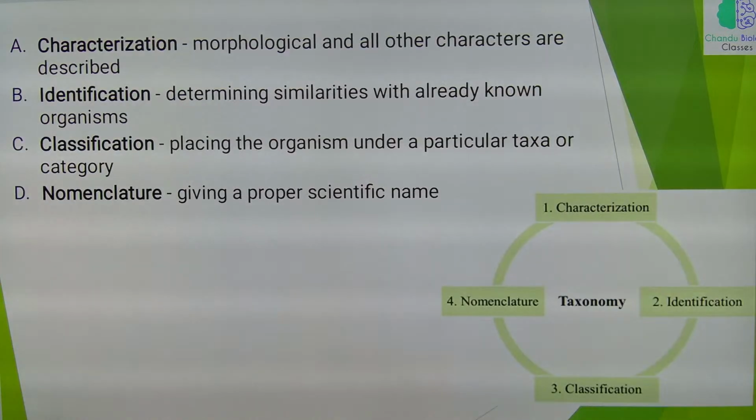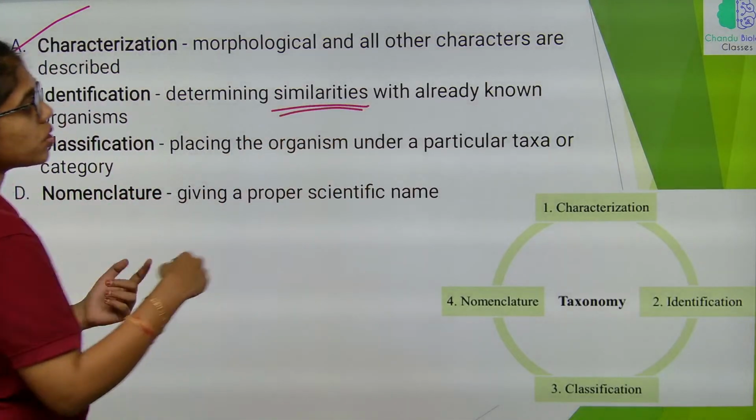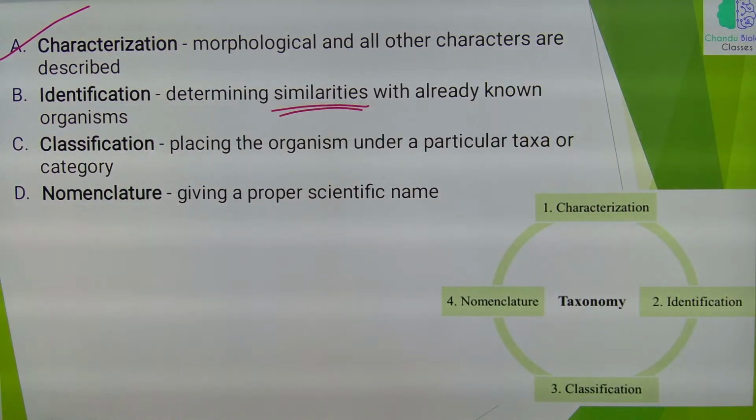Here, characterization is nothing but morphological and all other characters are described. All the characters of an organism, morphological and internal characters, are described in characterization. Identification will determine the similarities with already known organisms. Okay?